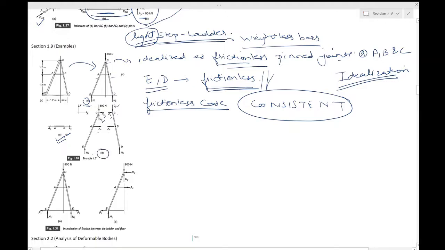Okay, now the isolated free body in 1.30D is a planar system, and then you know what to do. You have to use 1.7 and 1.8. So what are the unknowns? Let's see. You have Ax as the unknown, you have Cx as the unknown, you have Cy as the unknown, and is there anything else?